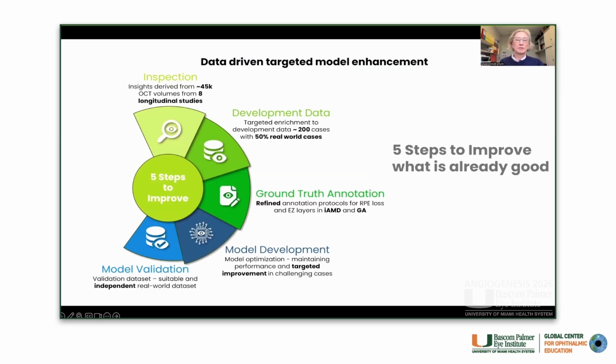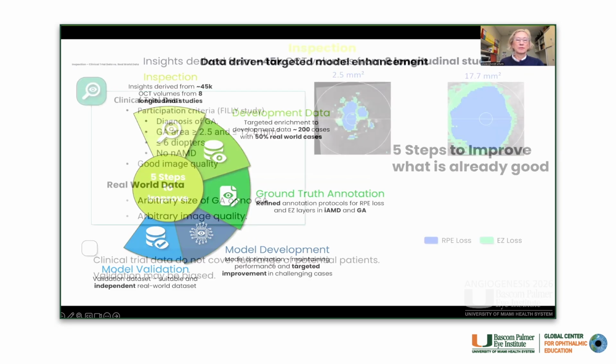However, there is, particularly in terms of precision, always room for improvement and increased accuracy, and I would like to guide you through 5 steps to improve what is already good. Using a data-driven targeted model enhancement, which includes inspection, the development data, ground truth annotation, model development, and model validation.